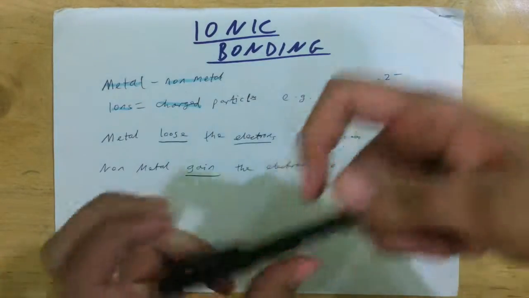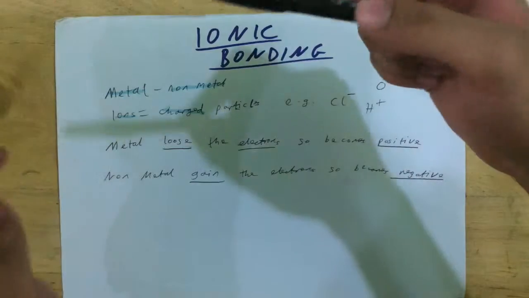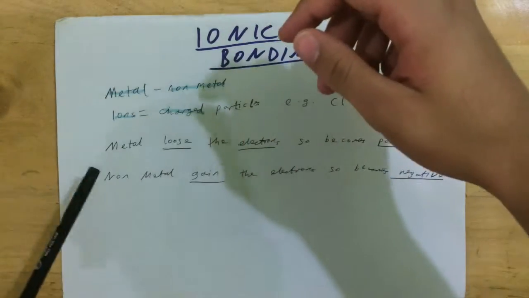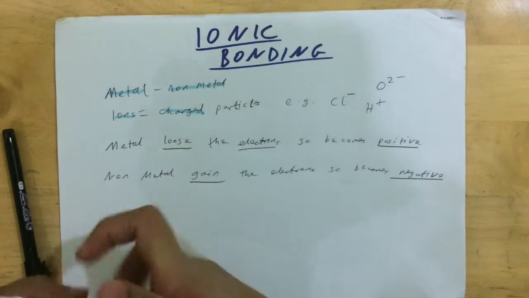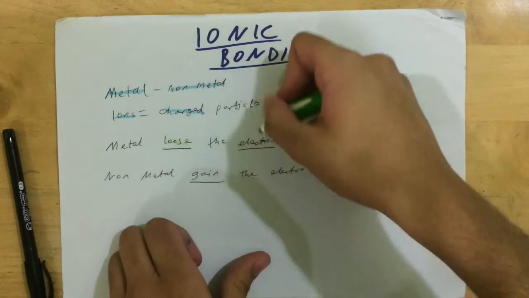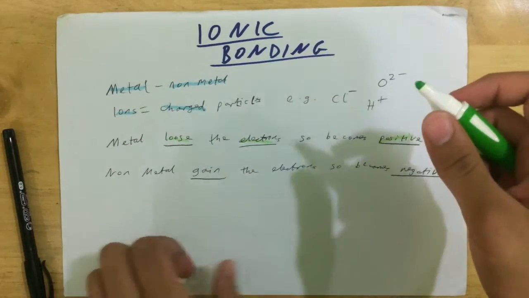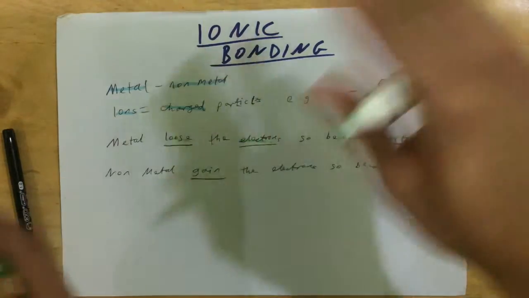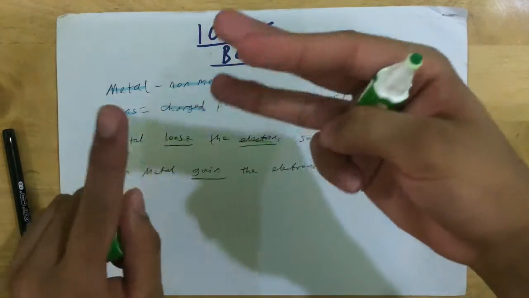And the thing about ionic bonding, when you have a metal and a non-metal, because they ionically bond, the metal is the one that loses the electron, always, so it becomes positive. Why? Well, we know that an atom has overall no charge and consists of protons, neutrons, and electrons.